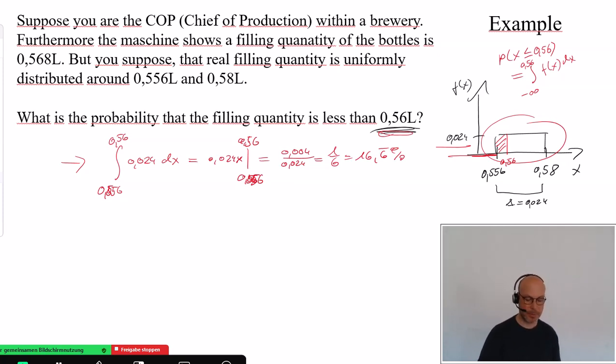This is the probability. Well, we can of course also calculate this by just calculating the area of this rectangle, and this is the height times the length of this interval, which is 0.024.